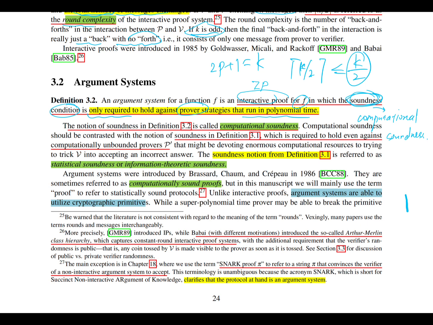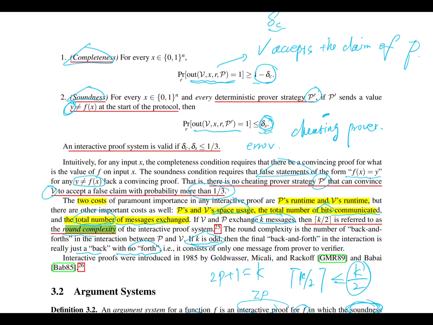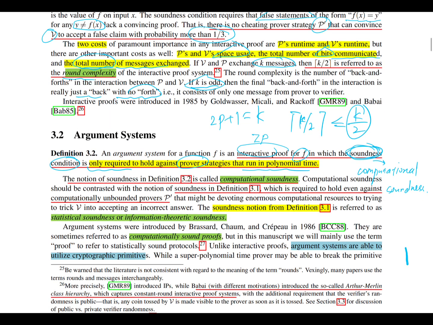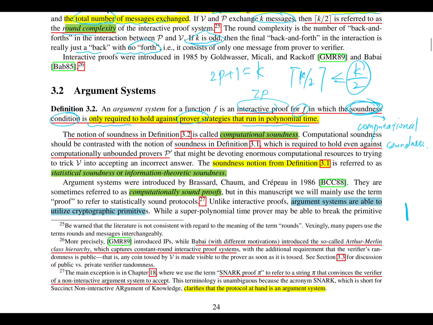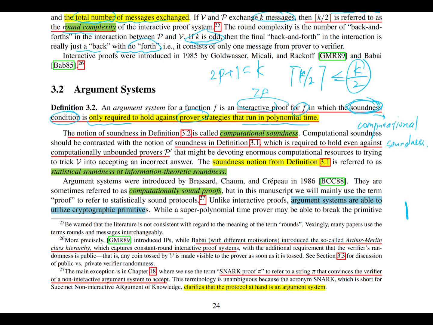It should be contrasted with the soundness in definition 3.1. So let's look at 3.1, the soundness. Here it is the common soundness, and here is our computational soundness. In the common soundness, there should be a computationally unbounded prover P prime. This P prime has infinite computational resources, so it is called computationally unbounded.